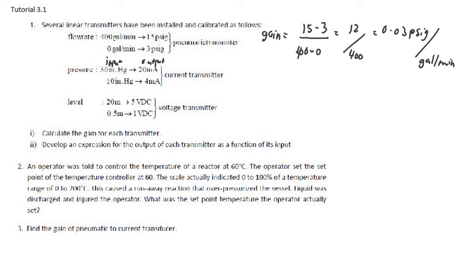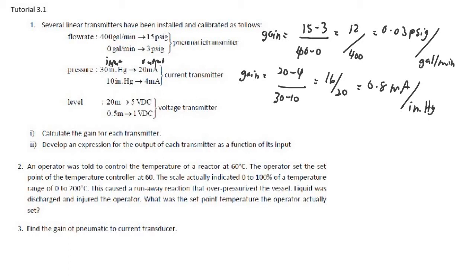To calculate the gain, we need to divide the range of output over the range of input, which is 20 minus 4 over 30 minus 10. So this one we will get 0.8 milliampere over inch Hg.